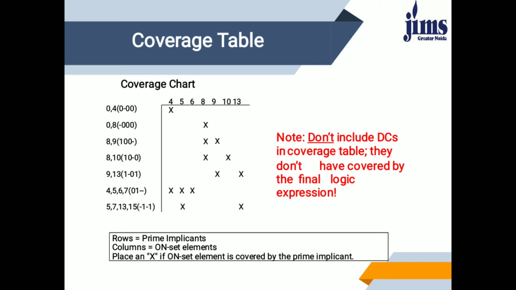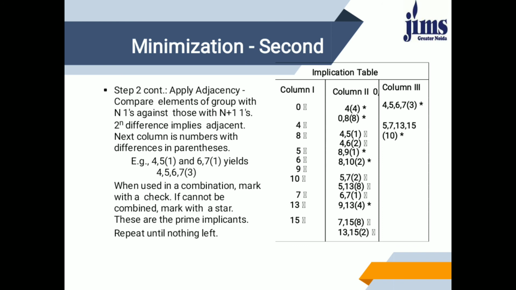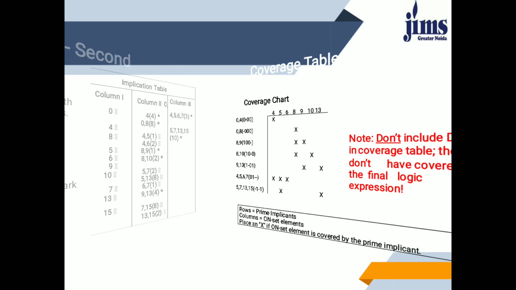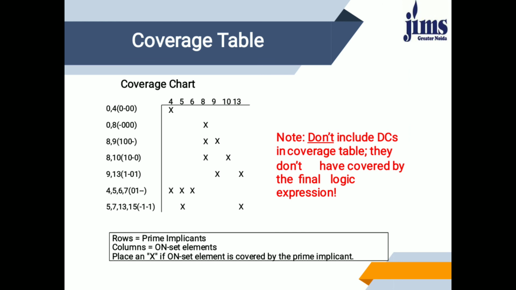Now on the vertical side, we will write the terms which were uncovered. See, check in the table. Here a star on 0, 4, 0, 8, 8, 9, 8, 10 were marked.